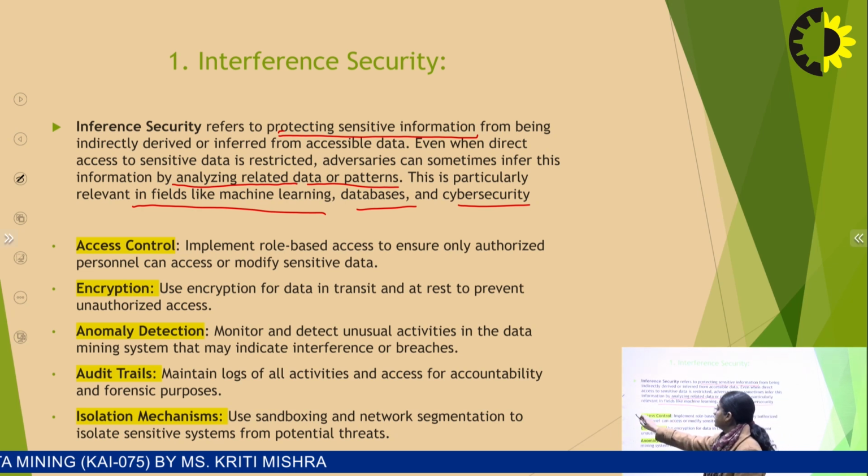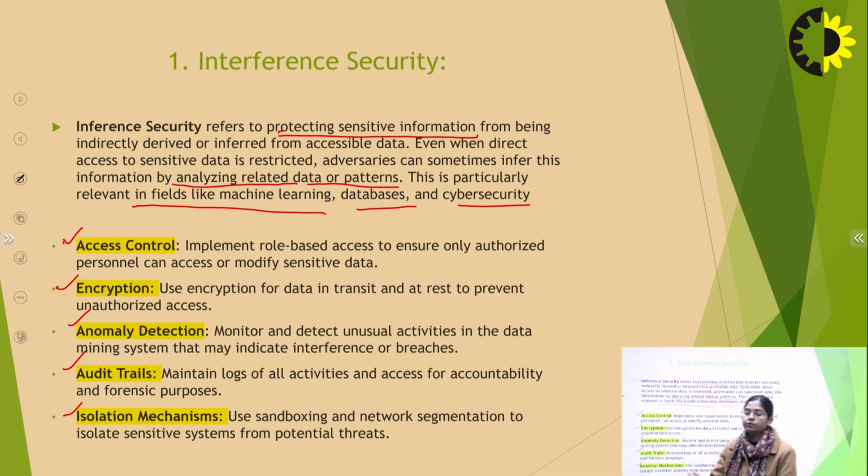So, what is there in inference security is access control, encryption, anomaly detection, audit trails and isolation mechanisms. Access control means who can access the data, which particular authorized personnel can access or modify sensitive data. Encryption means encrypting the data using different codes, use encryption for data in transit and at rest to prevent unauthorized access. Now the anomaly detection.